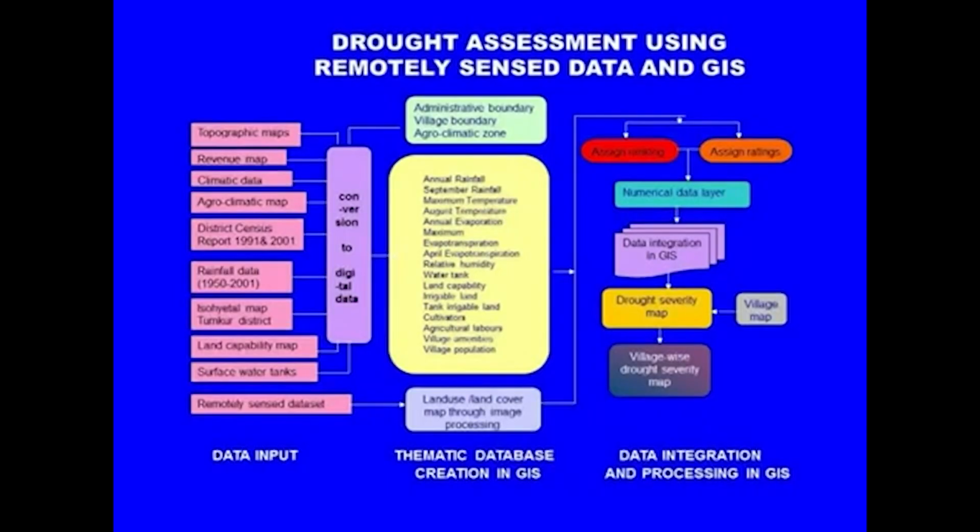Our third approach is using remote sensing and GIS technique. For this, we are now going to use a lot of other ancillary information as have been defined. These data sets could be either in tabular form or in map form in hard copy, so they need to be converted into digital data.